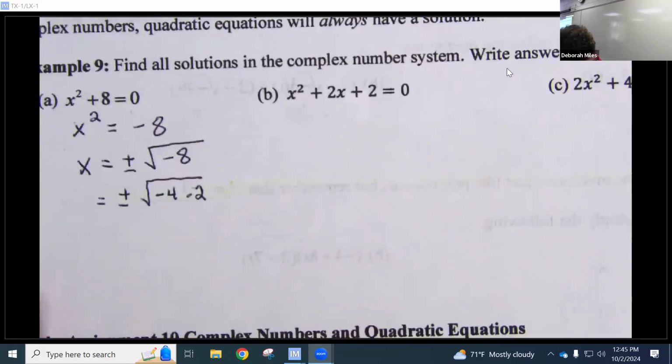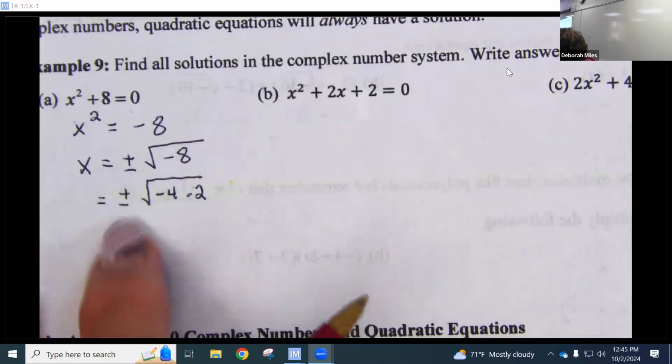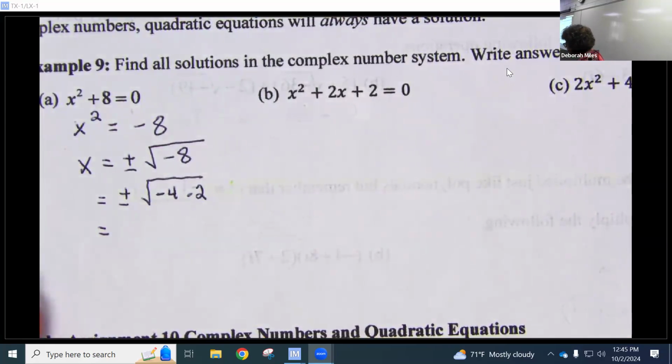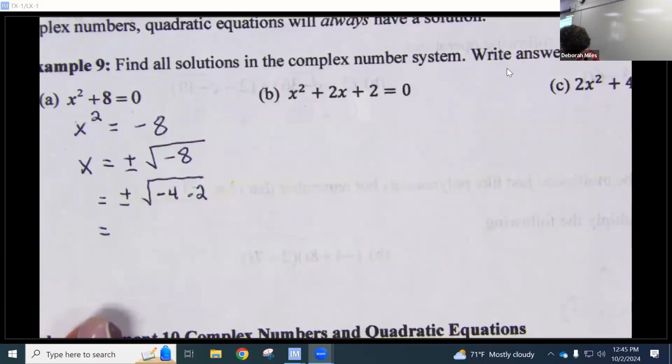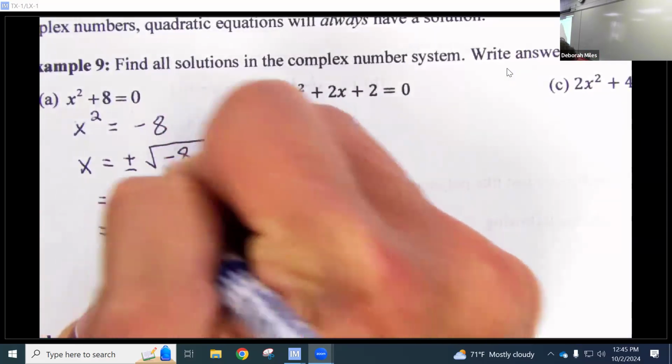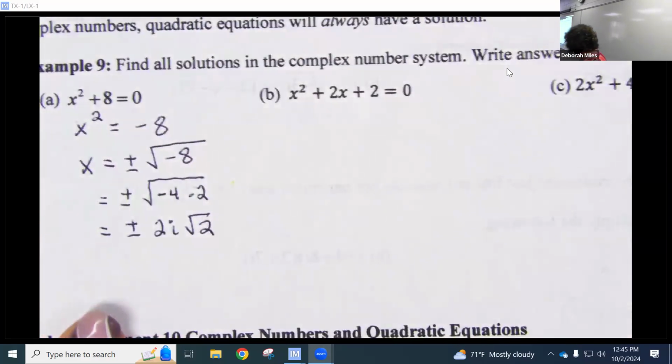And what can I put in the place of square root of -4? What's square root of -4? Thank you. Plus or minus 2i square root of 2.